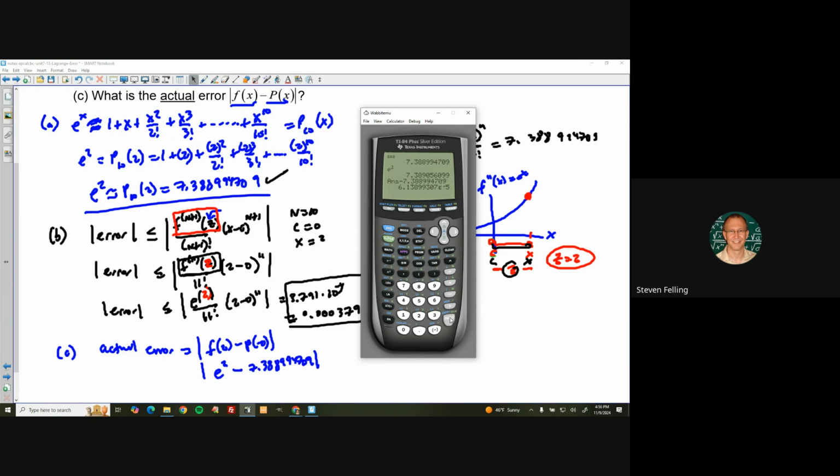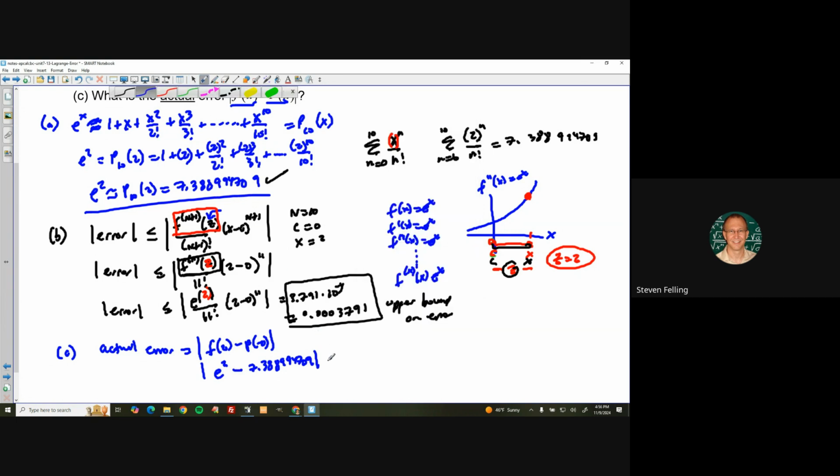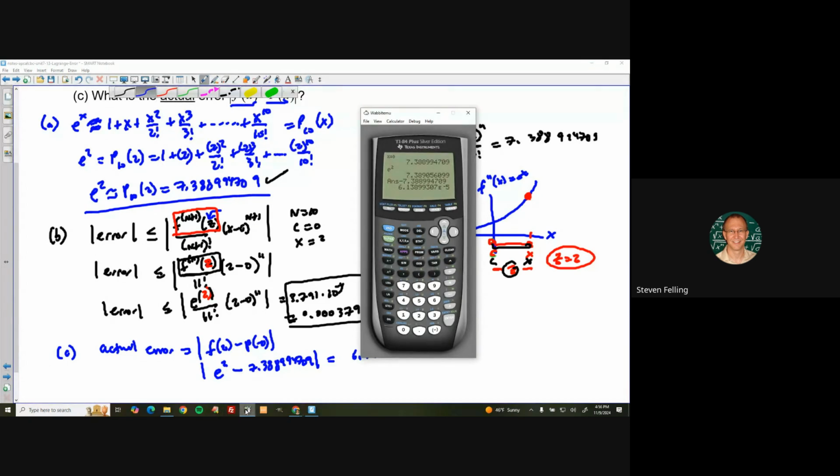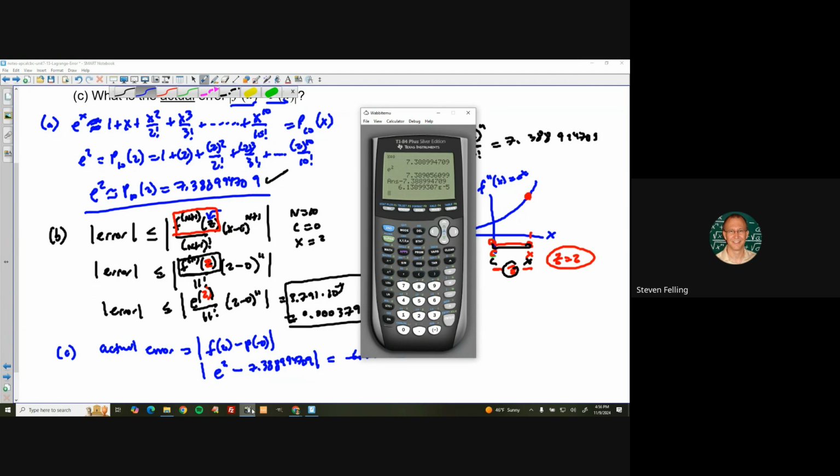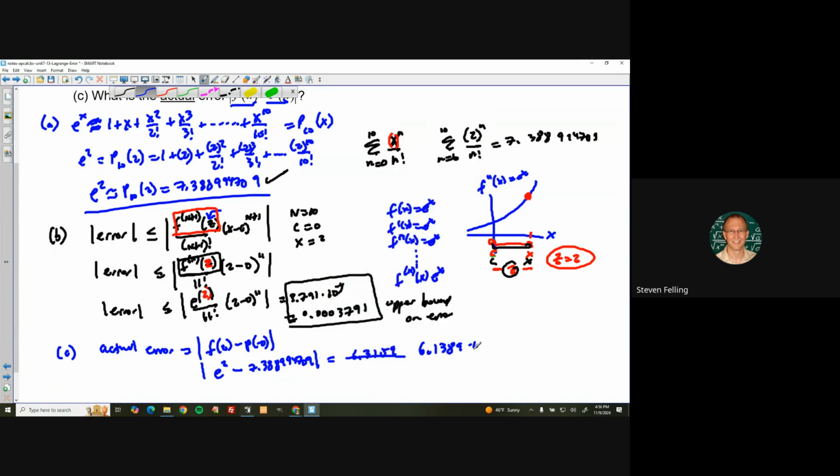And the actual error is 6.1389 times 10 to the negative 5th, which is 0.0000614 approximately.